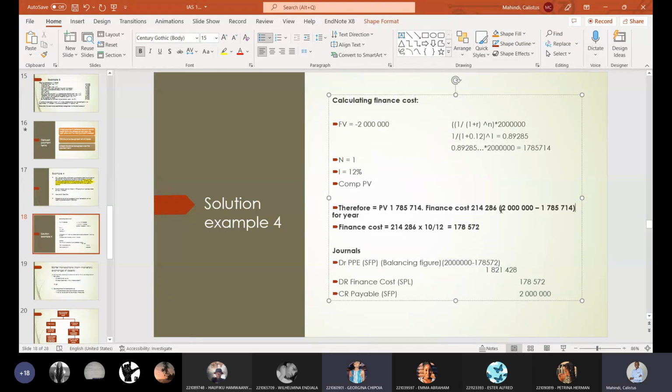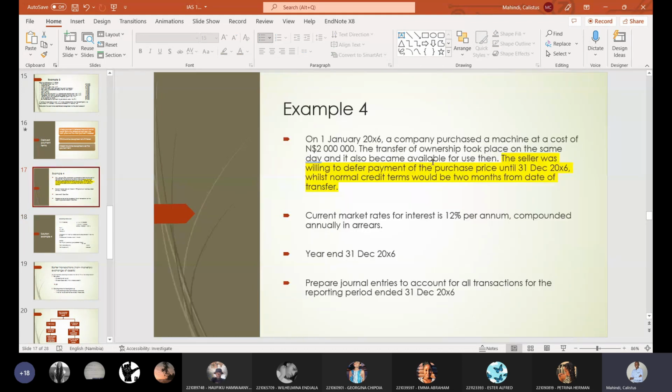Okay. Now we are saying that this finance cost is the amount for the whole year. So that's the interest that would have been allocated for the whole year. But interest cannot be allocated to this company for the whole year. Why? Because under normal credit terms, they are supposed to pay within 2 months. Think about it this way. Let's use an example of electricity.